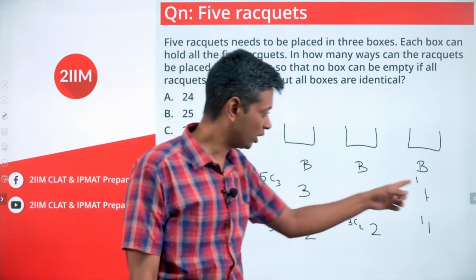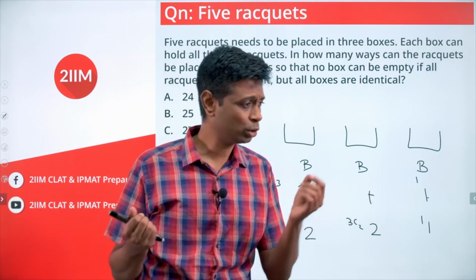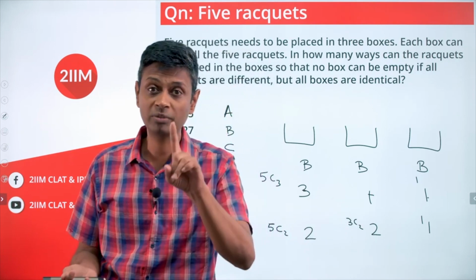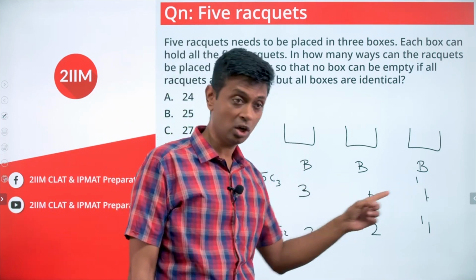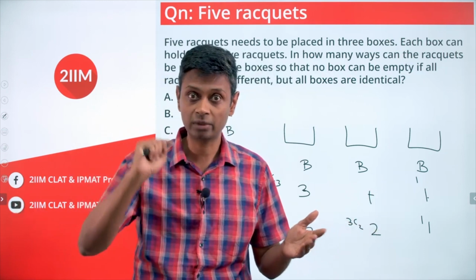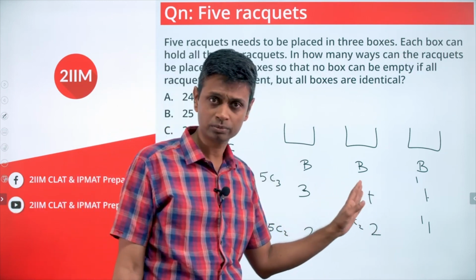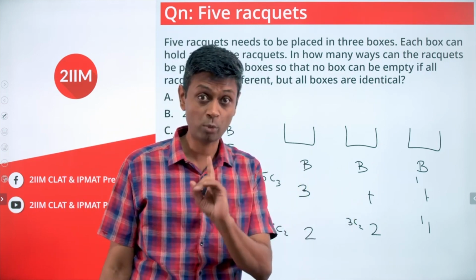I'm going to put 1 in each. How many ways can I do it? Only one way. If I put C, D, E here, and A here and B here, or B here and A here, it doesn't matter. It's the same because the boxes are identical. So it's not 5C3 into 3C2 into 2C1. It's just 5C3. Very important point.